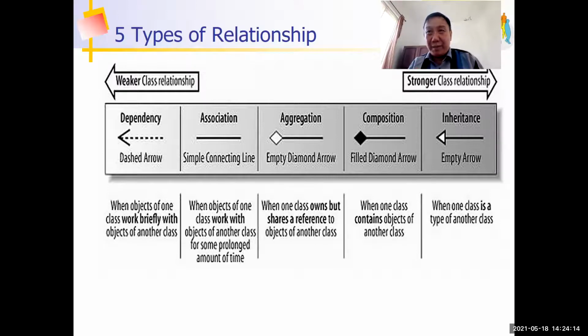Employee is a person. Right? What is composition? We use composition when one class contains another class. Can you give an example of one class containing an object of another class?